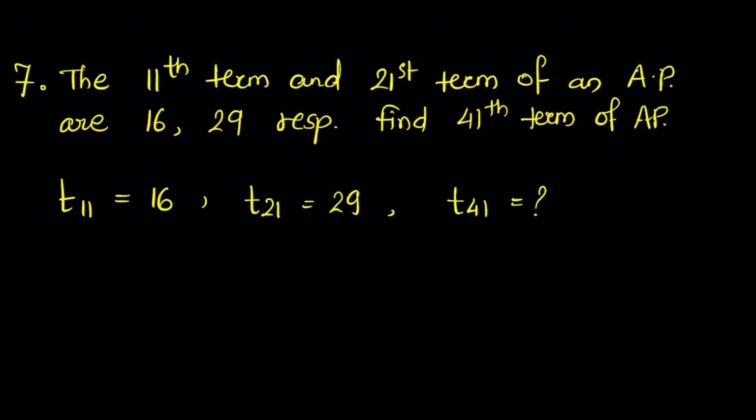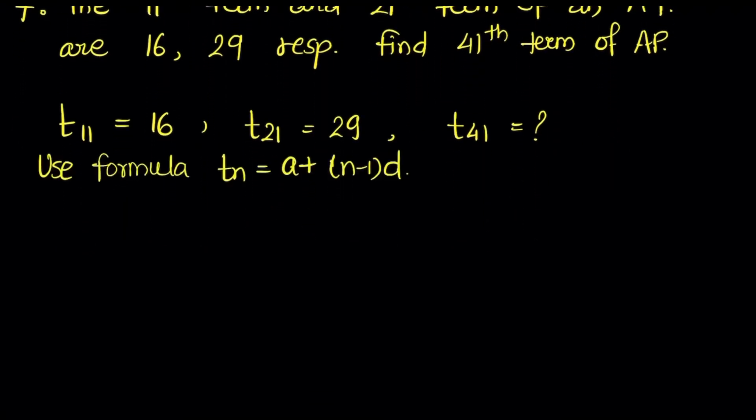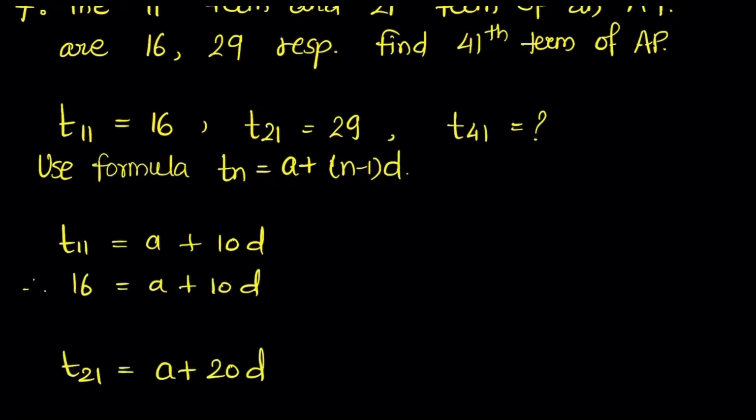We write down the formula for Tn: Tn is a plus (n minus 1)d. So T11 will be a plus 10d, and T21 will be a plus 20d. Put down the values of T11 and T21, so here is the first equation and here is our second equation.